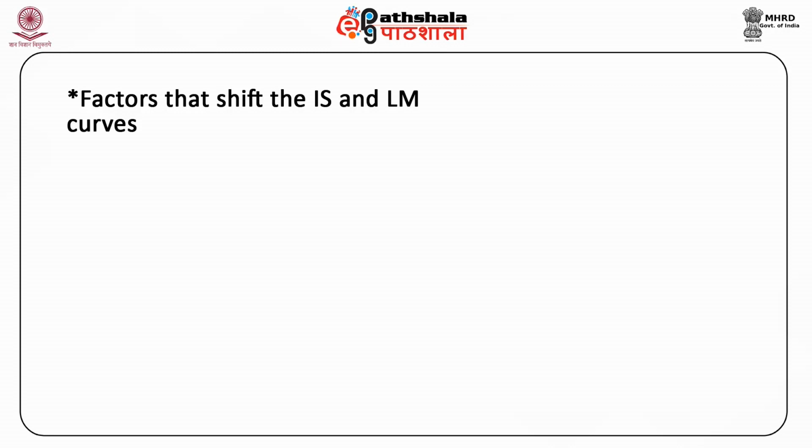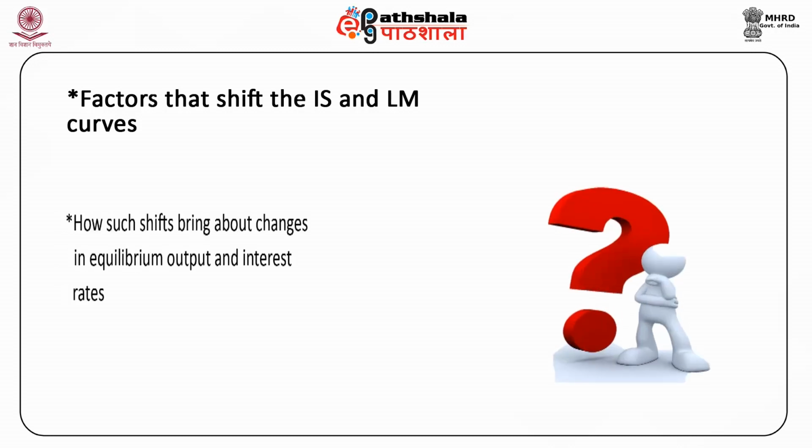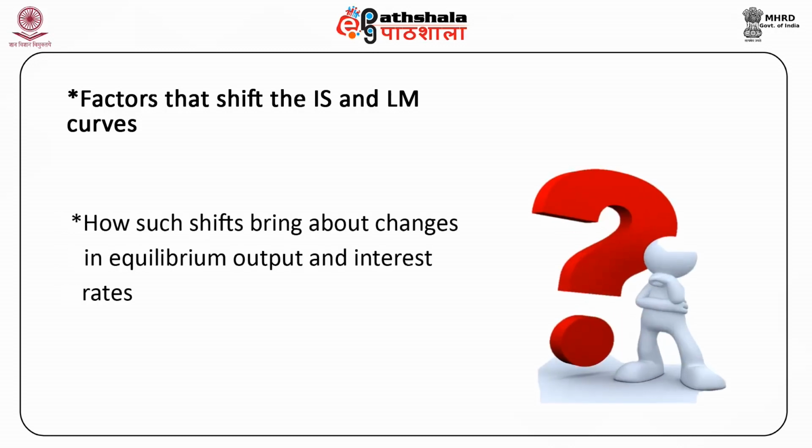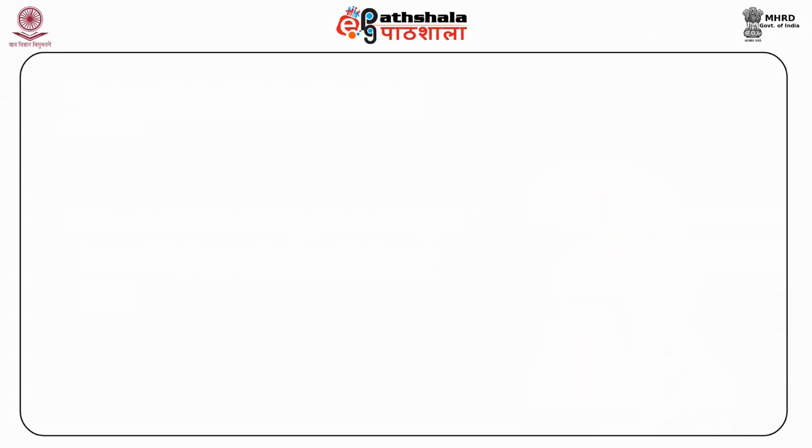We will now go on to discuss factors that shift the IS and LM curves. In the following sections, we will then discuss how such shifts bring about changes in equilibrium output and interest rates.